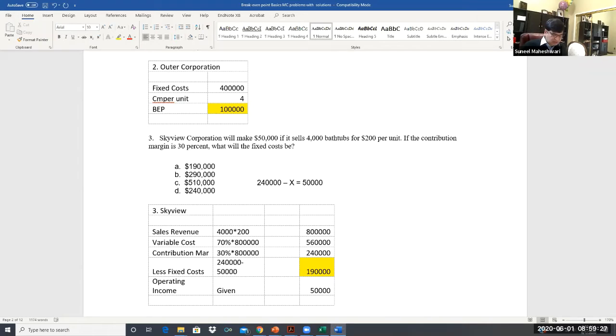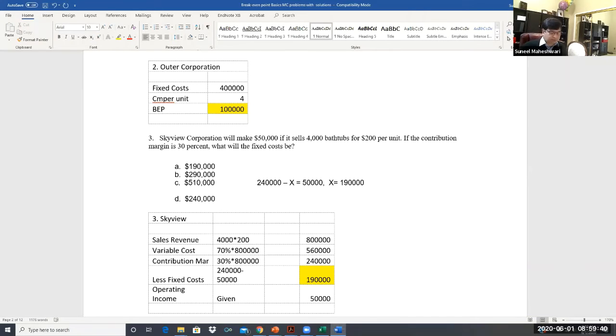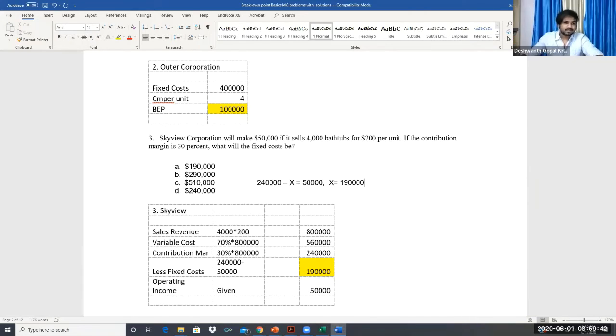So basically, X will be equal to 240,000 minus 50,000, that's 190,000, right? Yes, sir. Did I answer your question? Yes, sir. Actually, I didn't read the question properly. No problem. That's what I'm here for.